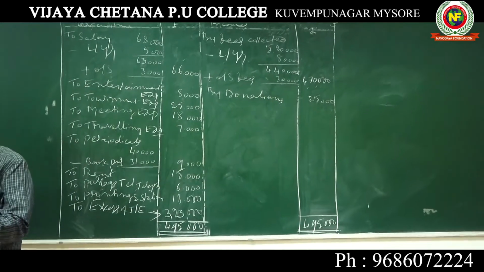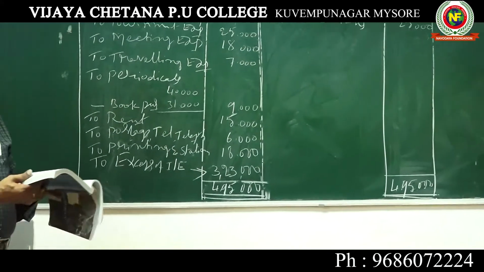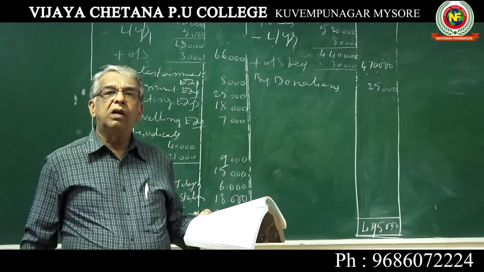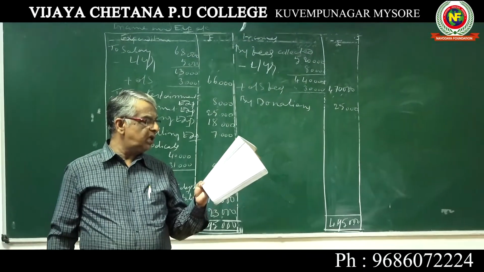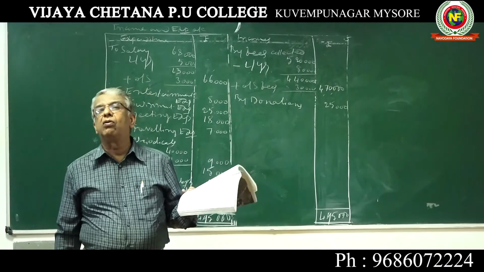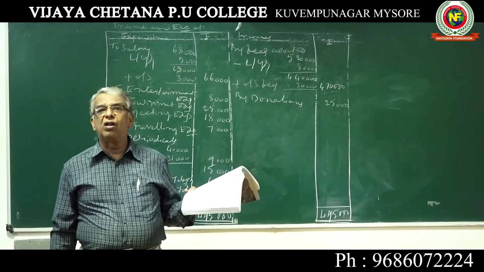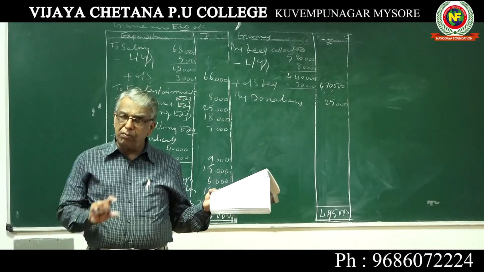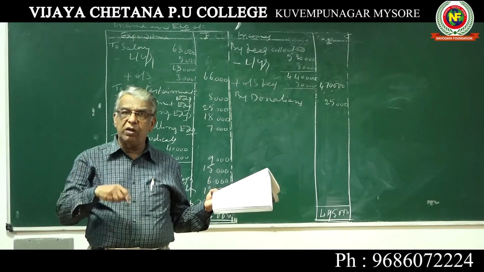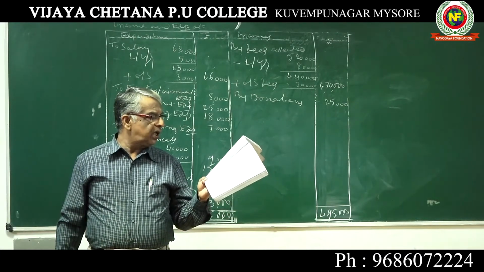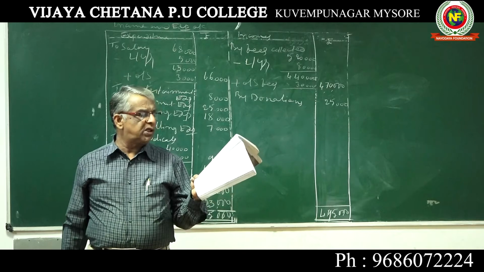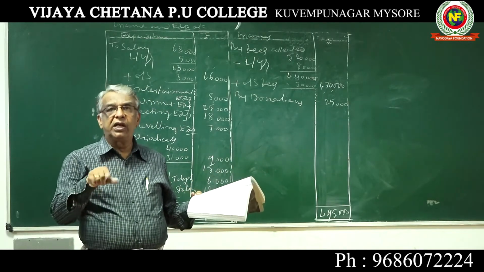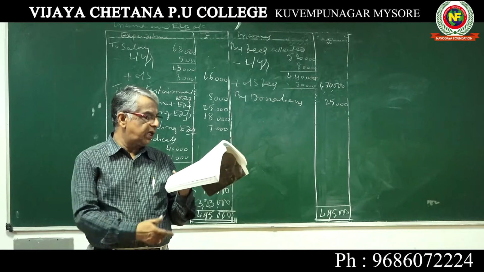Students, in some textbooks, particularly in old textbooks, the answer given is 3,07,000. That is not the correct answer. That is a wrong answer. You get it rectified. The correct answer is 3,23,000.